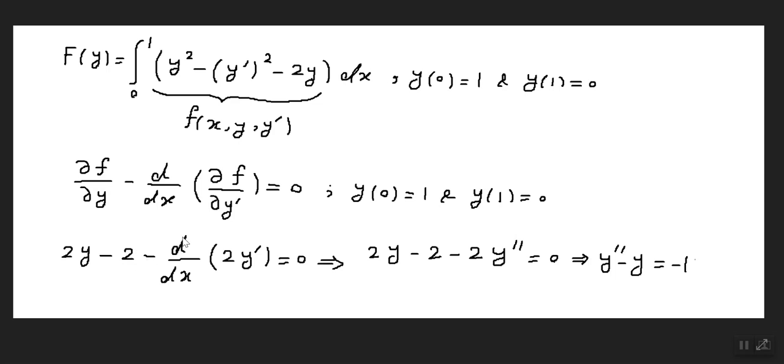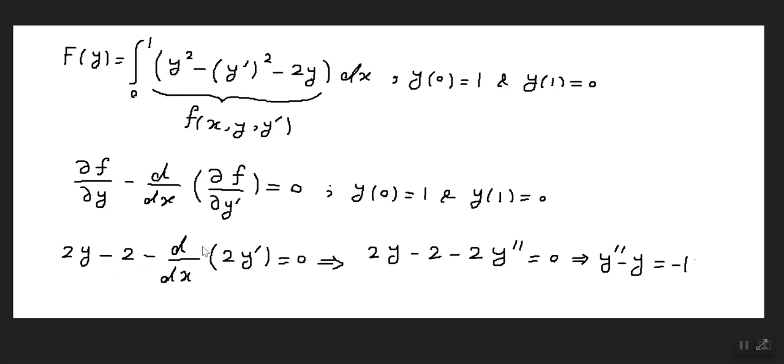Then minus the derivative with respect to x of the derivative of f with respect to y prime. This one is 0, this one is 0. The derivative of this one with respect to y prime becomes 2y prime. So we have 2y minus 2 minus the derivative of 2y prime.